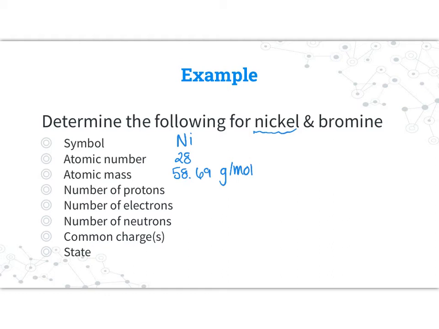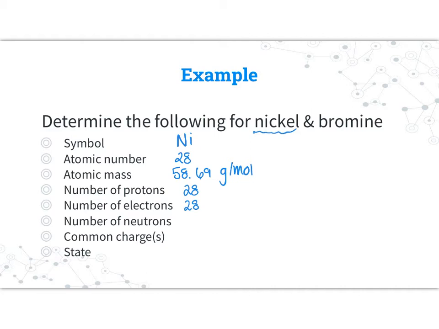The number of protons is always equal to the atomic number. So nickel has 28 protons. The number of electrons is always equal to the number of protons. So nickel also has 28 electrons.